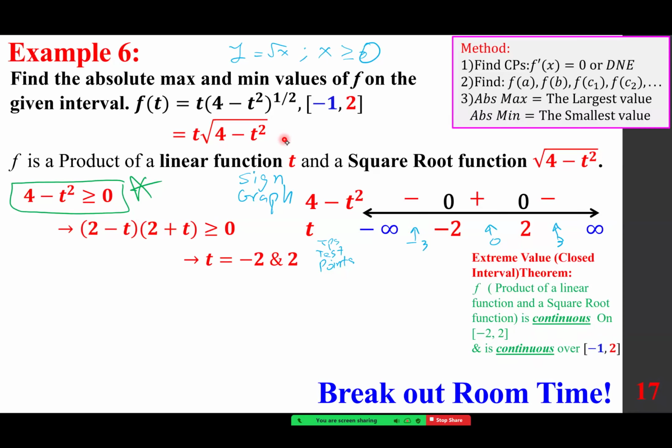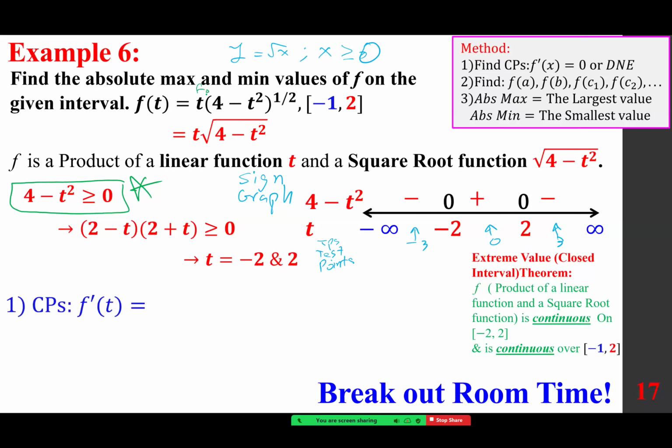So what do we do? Simple. We start with the methodology and we start with f prime. F prime of t requires the product rule. Let's just use this color and say this is f times g.